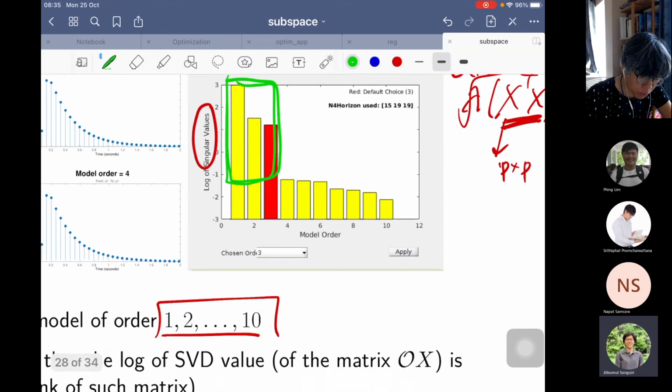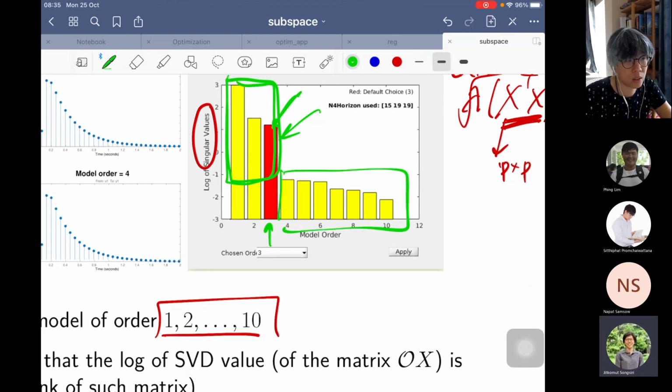So from the plot, from the GUI, the red bar is the one suggested by the algorithm, by the N4SID. Because the singular value at the model of third order is very significantly large compared to this one.